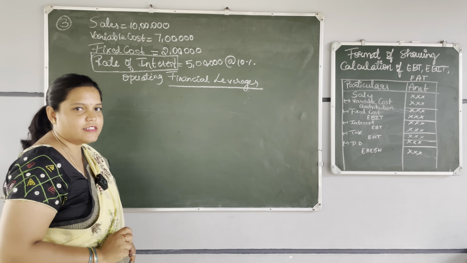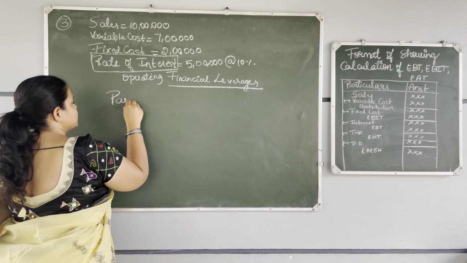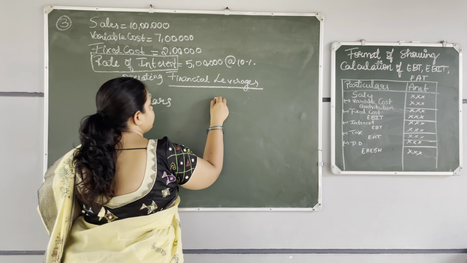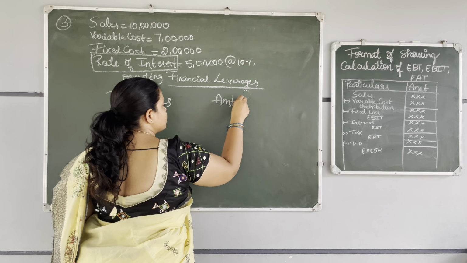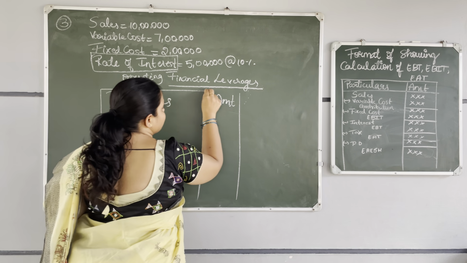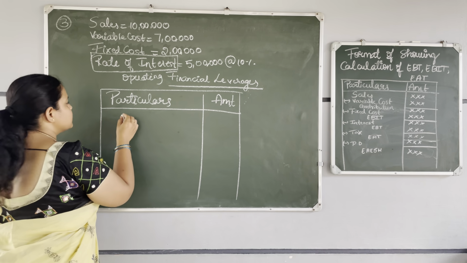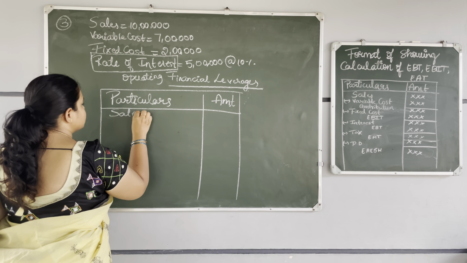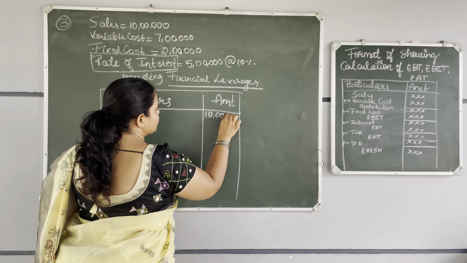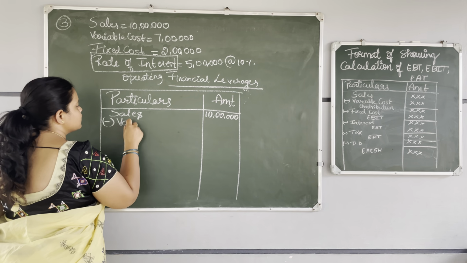Yes, rate of interest. So first we have to take a format here. First is particulars and amount column. In the first row we have to write sales. How much have they given? Sales is 10 lakh, and from this 10 lakh we have to deduct variable cost.